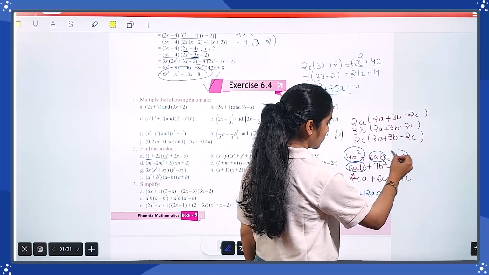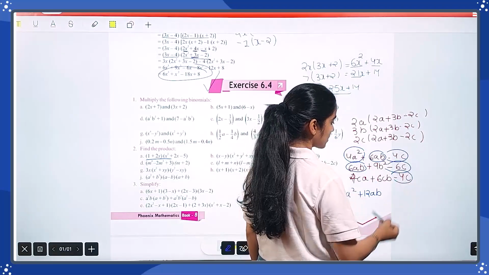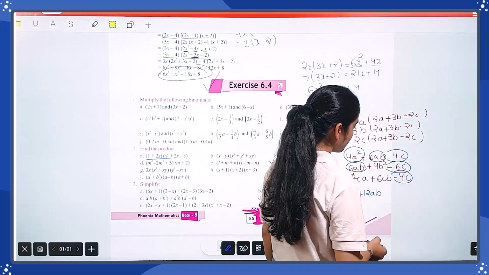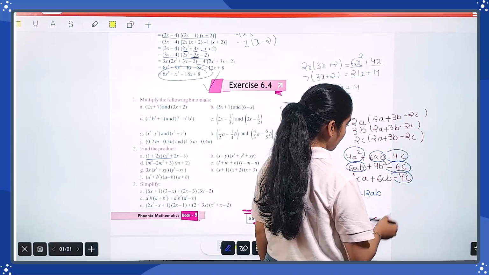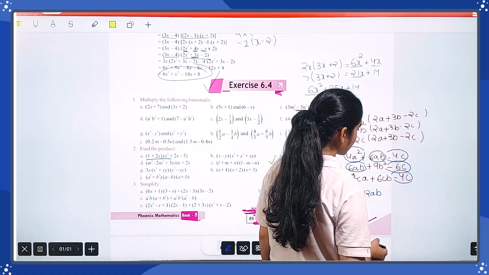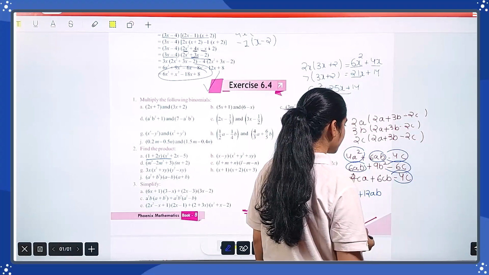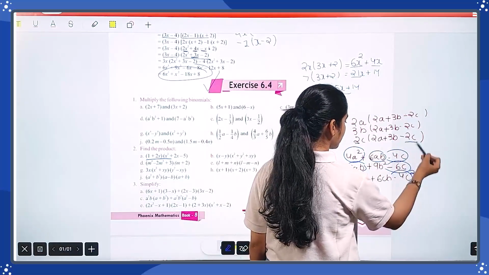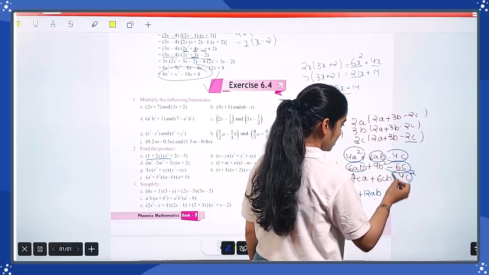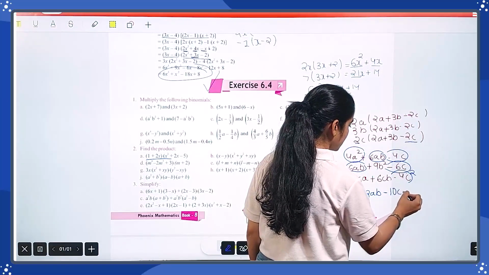Now minus 4c minus 6c, minus 4c, minus minus plus and plus minus. So minus 4 is minus 8 and minus 8 plus minus 6 is, here we have c square, 2c multiplied by 2c is 4c square. So it means it is minus 10c.